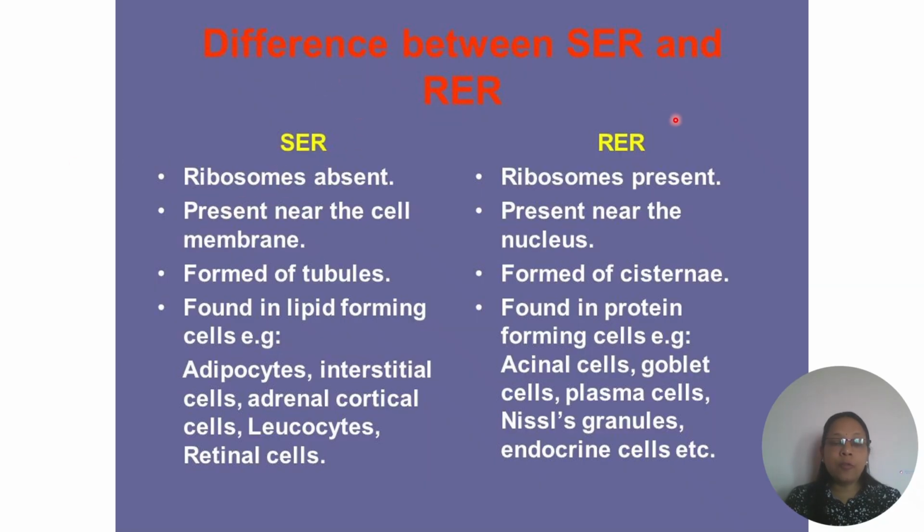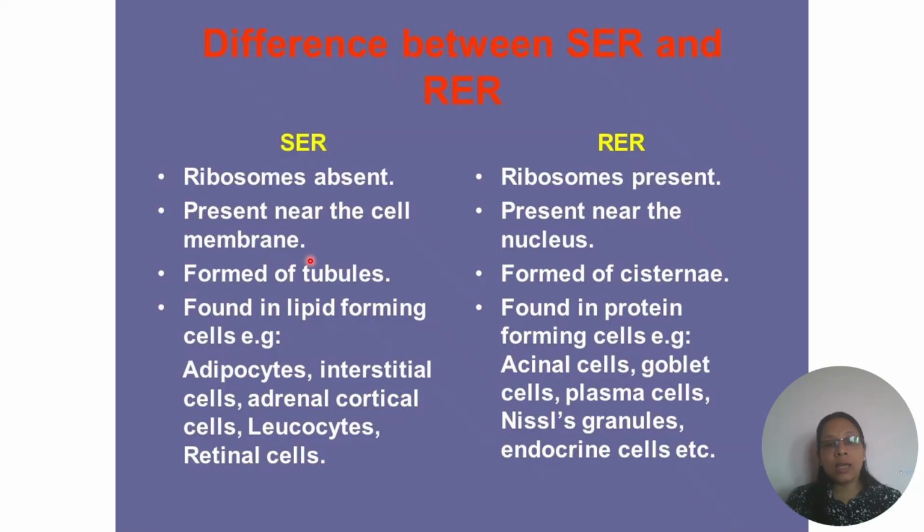The main differences between SER and RER: ribosomes are absent on the surface of SER, whereas RER shows presence of ribosomes. SER is present near the cell membrane, we can also say away from the nucleus, whereas RER is present near the nucleus.